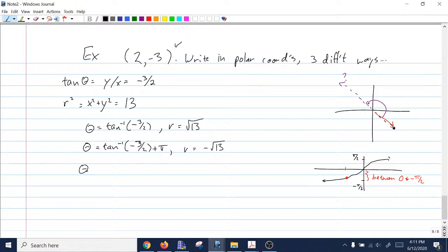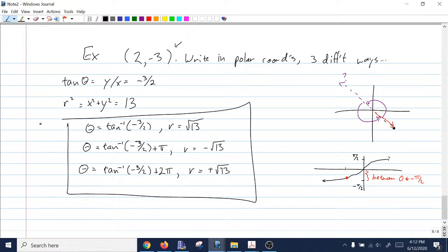Or I could take theta equals tangent inverse of negative 3 halves and add another pi to that. Now I'm back to the same orientation, and now r should be positive again. Here are 3 ways of doing it, like they asked for. Cool.